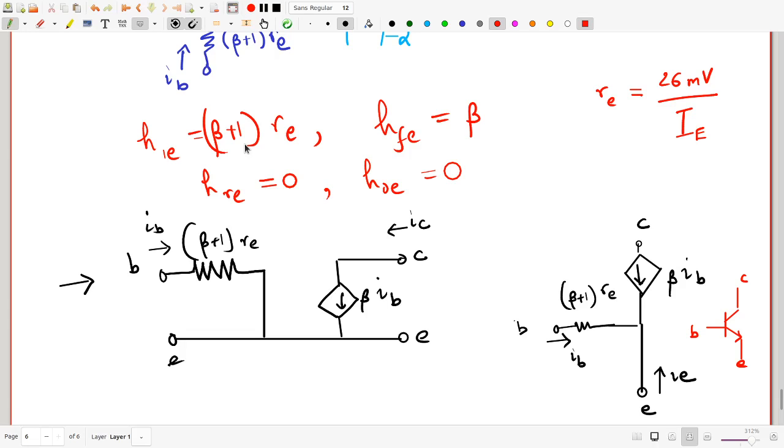In fact, in our later videos, when we talk about analyzing various transistor circuits, we are going to use this effective model most of the time. Sometimes when we want to do things more accurately, we are going to fall back upon the full glory of the H parameters. But very often we are just going to use this effective approximate H parameter model, or what is often called the resistance current source model of the transistor.